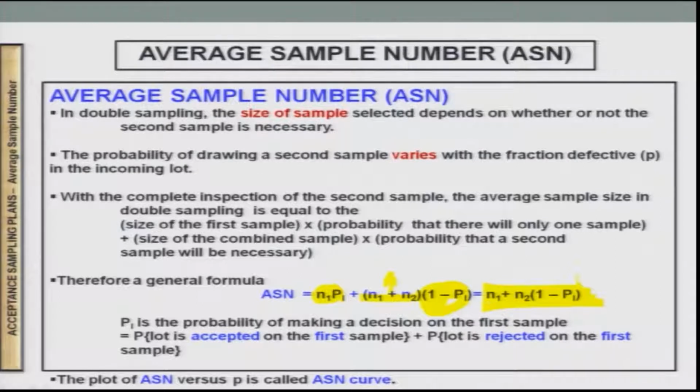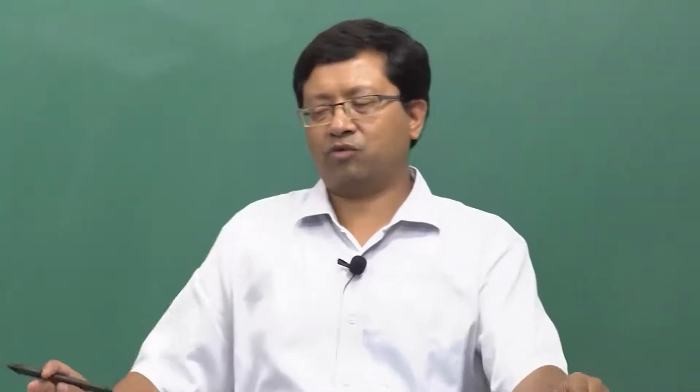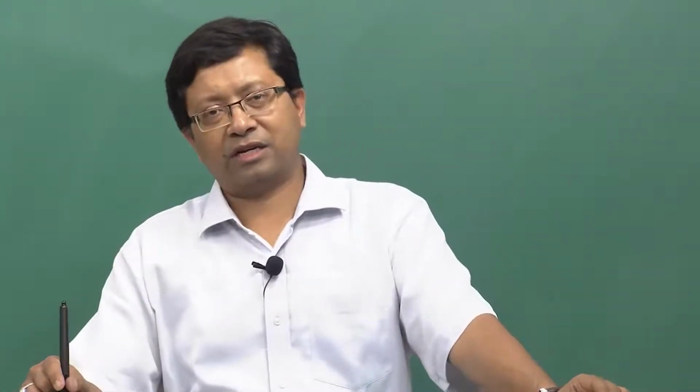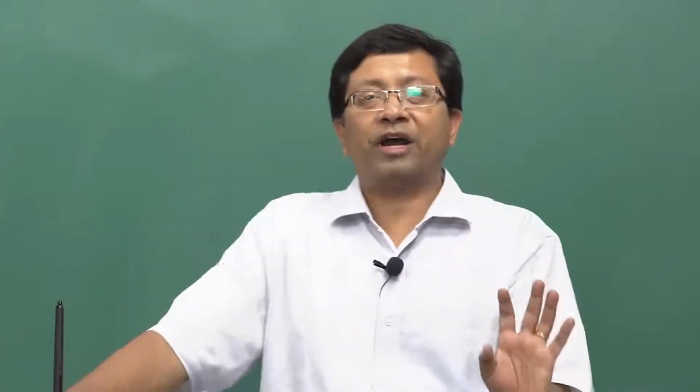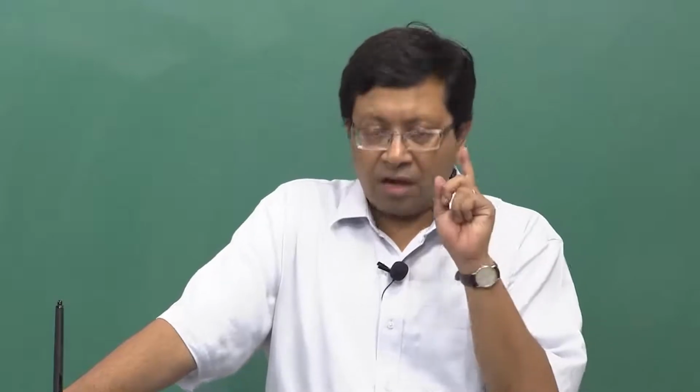That is, the probability the lot is accepted on the first sample, plus the lot is rejected in the first sample. So, there would be two costs. The first is accepted, with one sample size from there; another is that the first lot would be rejected, hence the sample size would be coming from there also. So, I am trying to find a corresponding average.